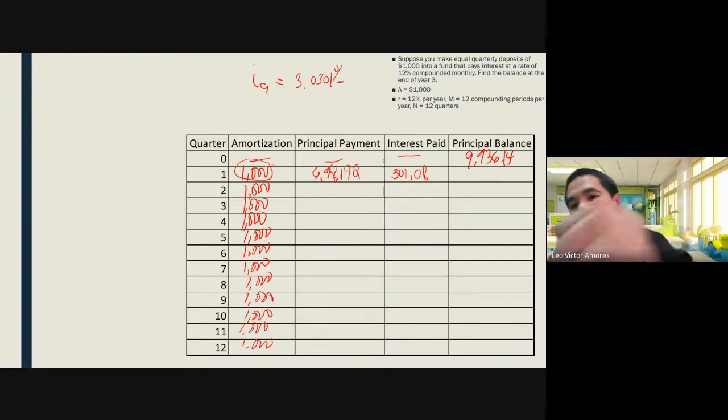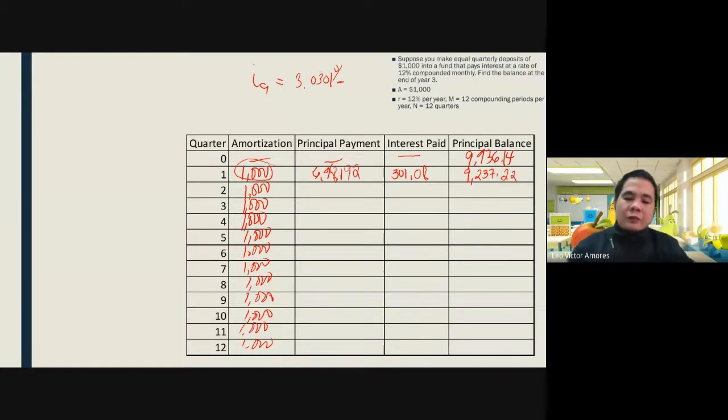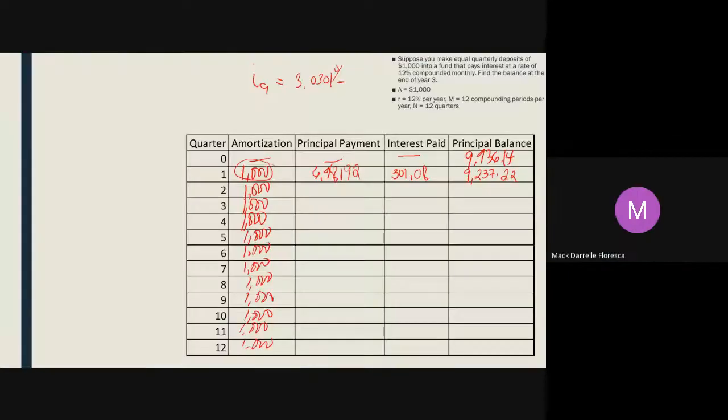So if you have a principal balance of 9,936 minus the 698.92, therefore, your principal balance at the end of the first quarter is 9,237.22. Clear? Yes, sir.